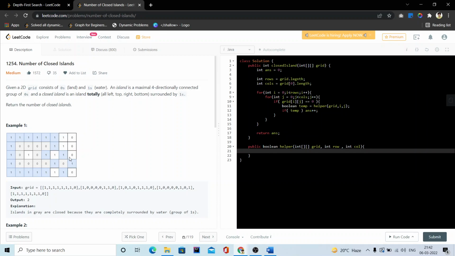So first of all, if any zero is lying on the boundary, we will return false. Or if we are out of the boundary conditions, then also we will return false. So we are outside of our boundary conditions. We will simply return false.